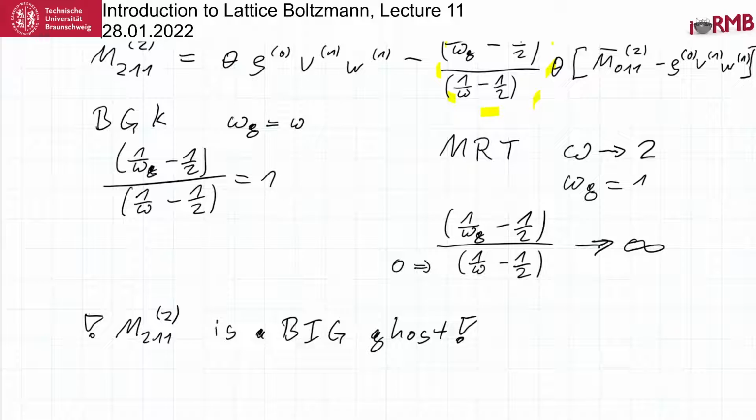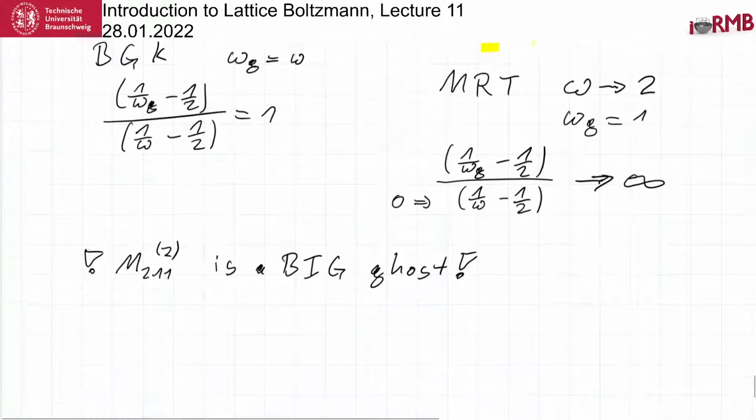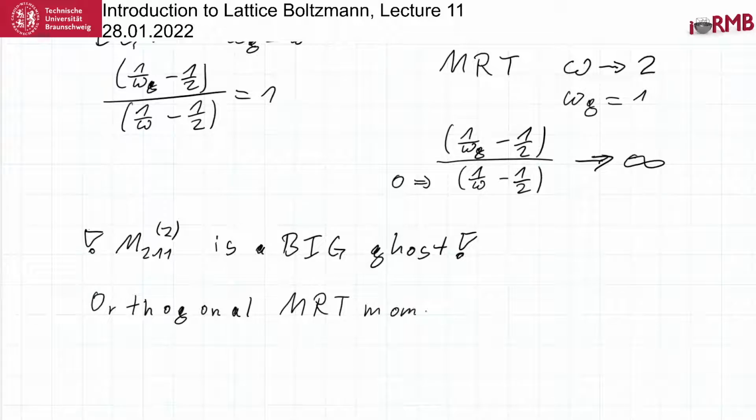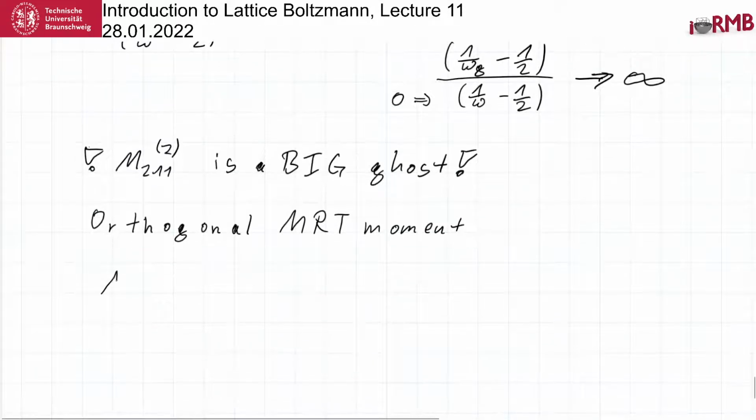Okay, so this is a big problem, and let me see, 4 minutes, but I hope I have a few more lines to discuss, so we finished this. So this was non-orthogonal. This was MRT without orthogonalization. So what happens if we use orthogonal moments? Specifying an orthogonal moment M211.